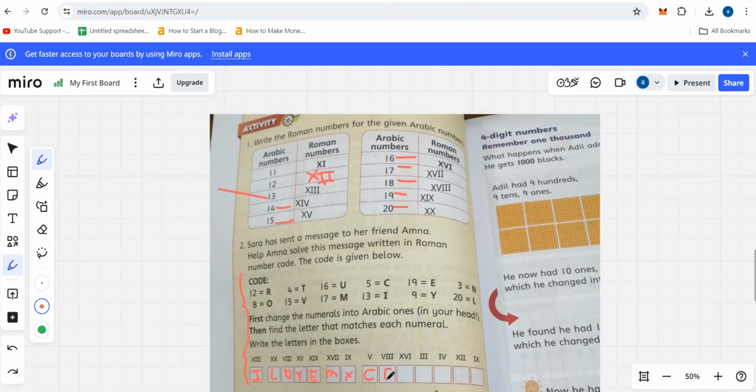The letter is O. In XVI, X means 10, and VI means 6. Therefore, the number is 16, and the letter is U. III means 3, and the letter is N. IV means 4, and the letter is T.